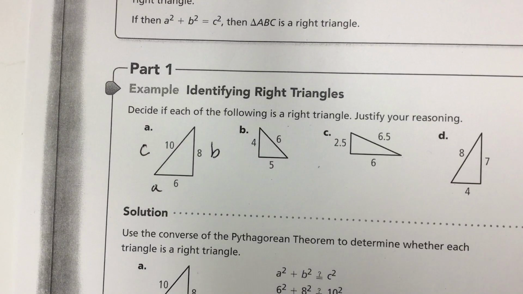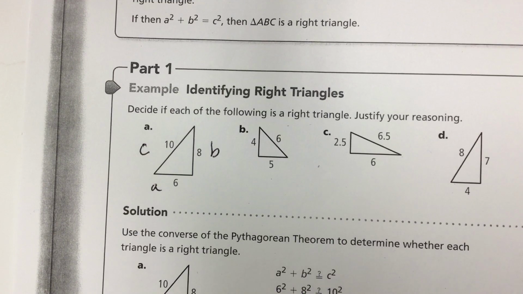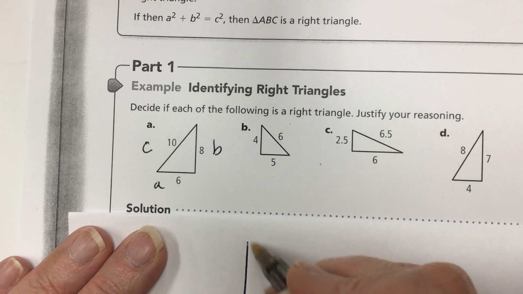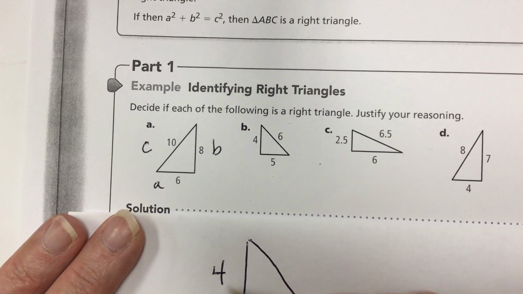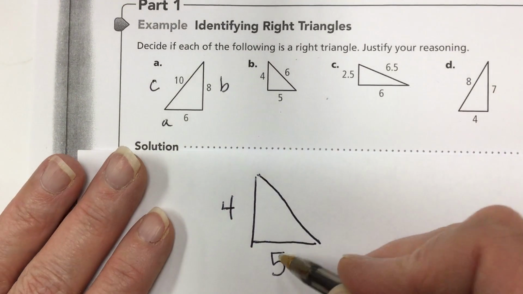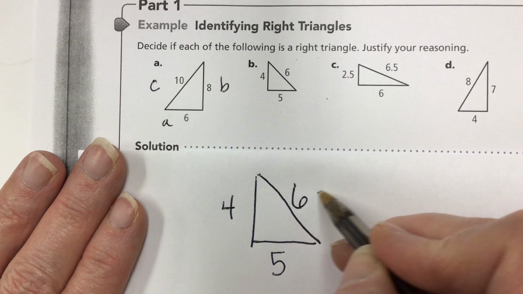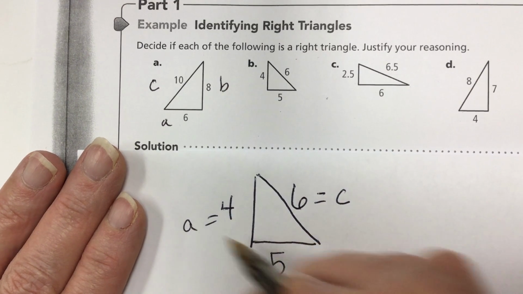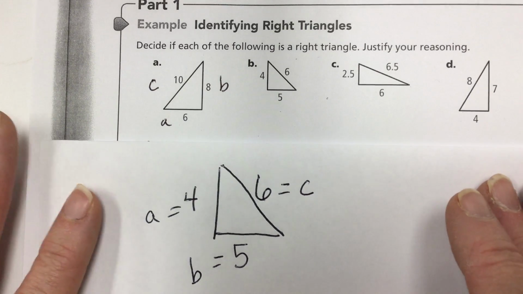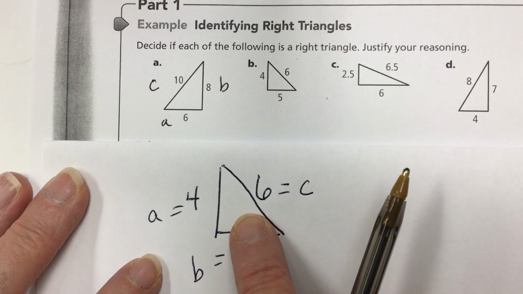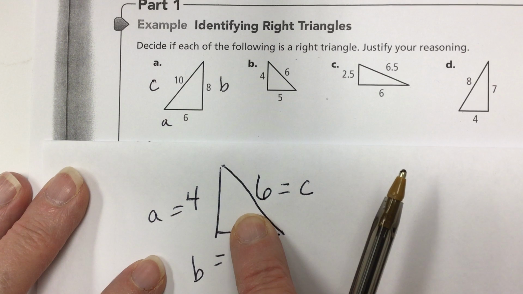Let's look at part B. Is triangle B a right triangle? I see that I have a triangle with legs 4 and 5, and the hypotenuse is 6. So 6 is c, and these two sides are my a and b. We're going to be using the converse.